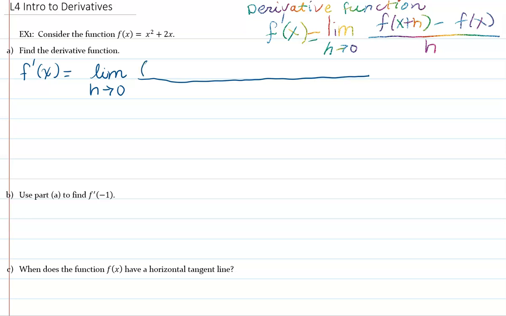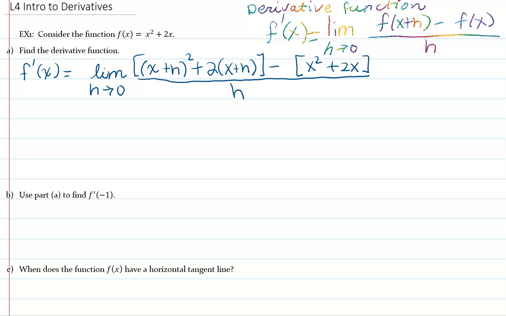Wherever I see x, I will plug in x plus h. So there would be x plus h squared plus 2 multiplied by x plus h, minus f of x, which is x squared plus 2x, all divided by h.